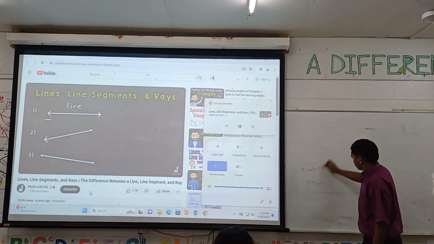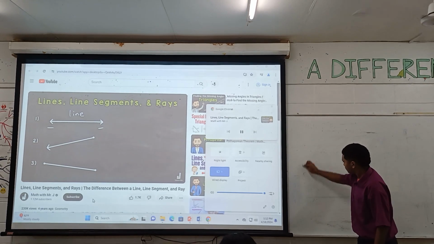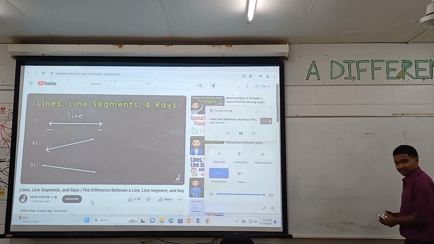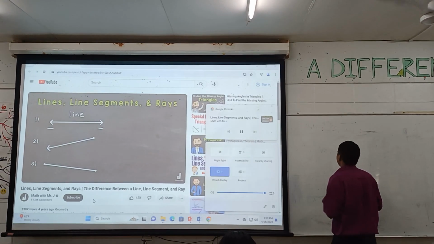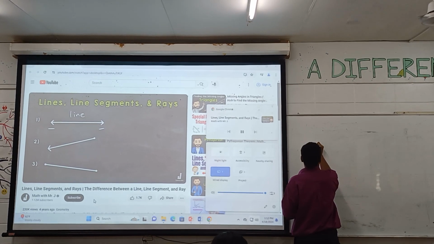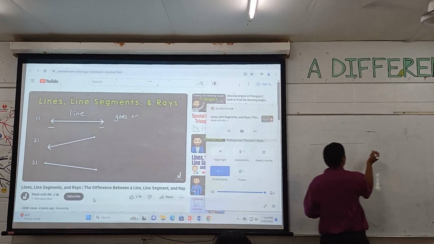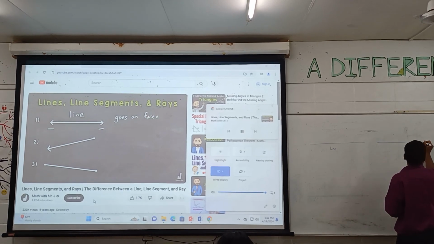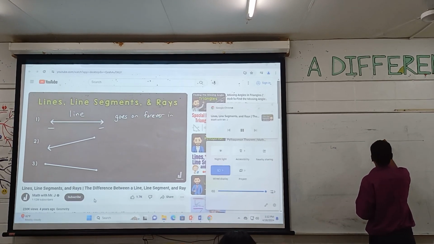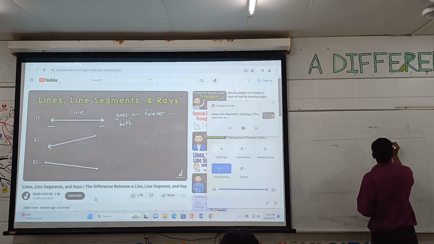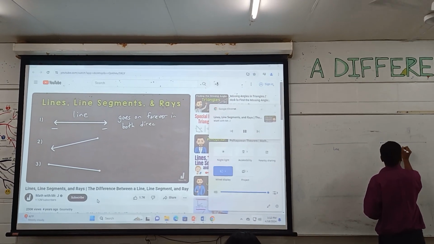These arrows signify that the line goes on forever in both directions. So I'll put some notes off to the side here. Goes on forever in both directions.